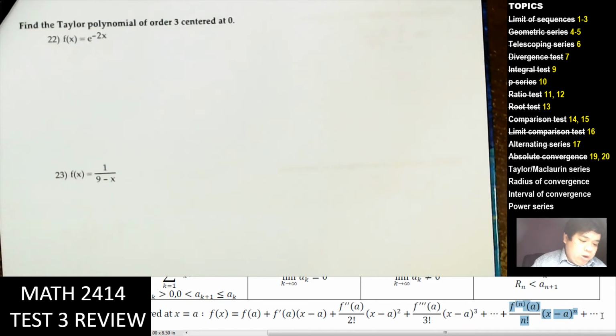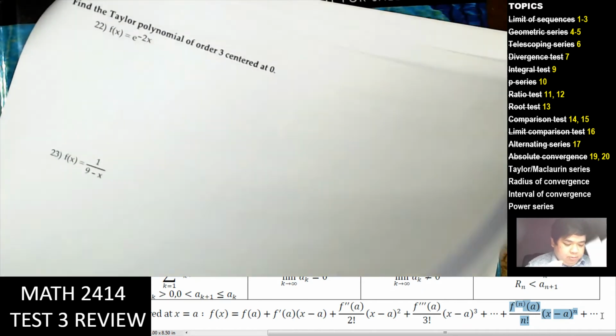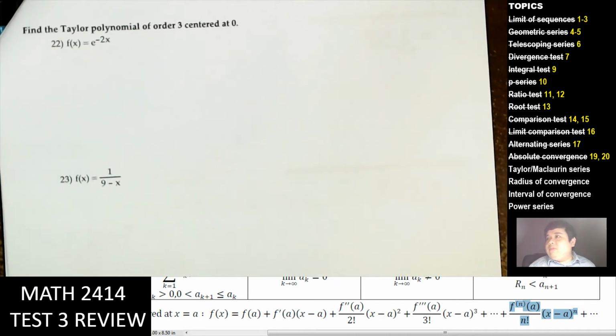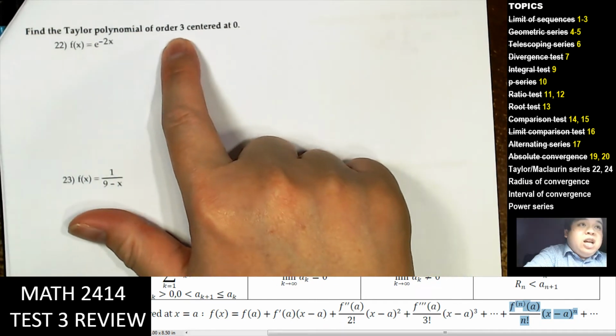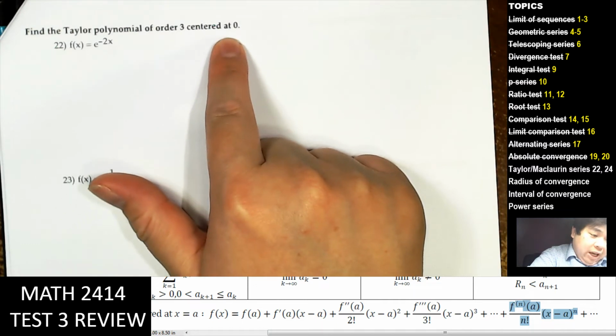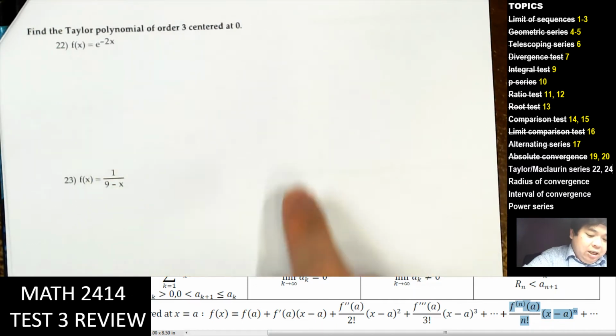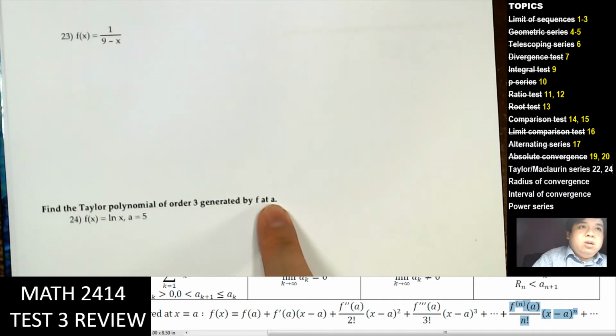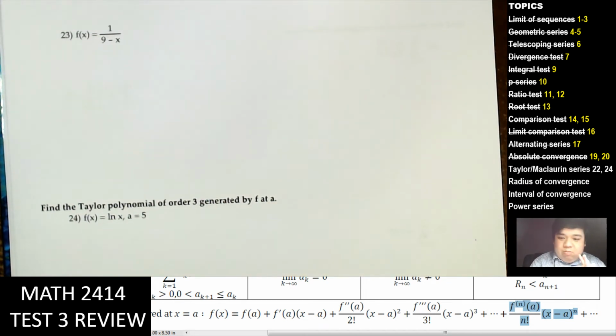I'm going to do 22 and 24. By the way, the Taylor series centered at 0 is called the Maclaurin series. If they are centered at something else, it's just a Taylor series or polynomial.